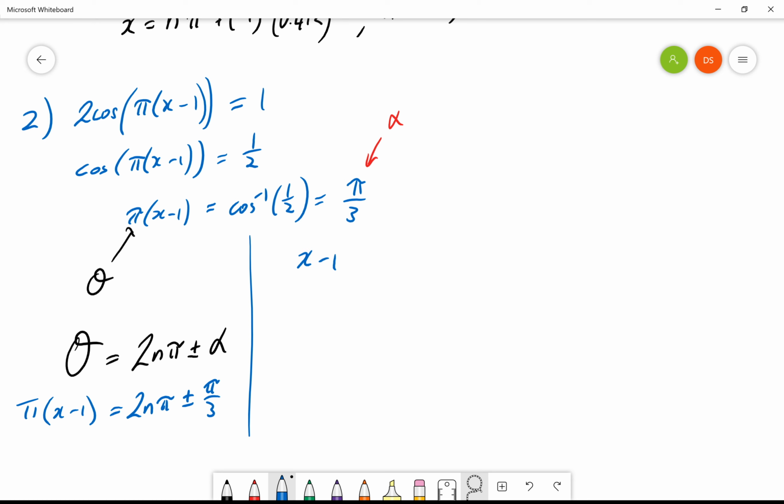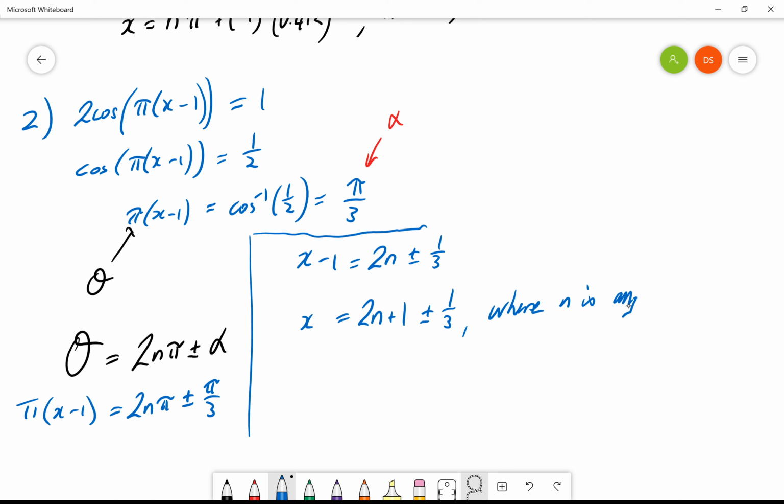And so I will have x minus 1 is equal to 2n plus or minus 1/3. And then now I'm going to add 1 to the front here. Still a plus or minus 1/3, where n is an integer.